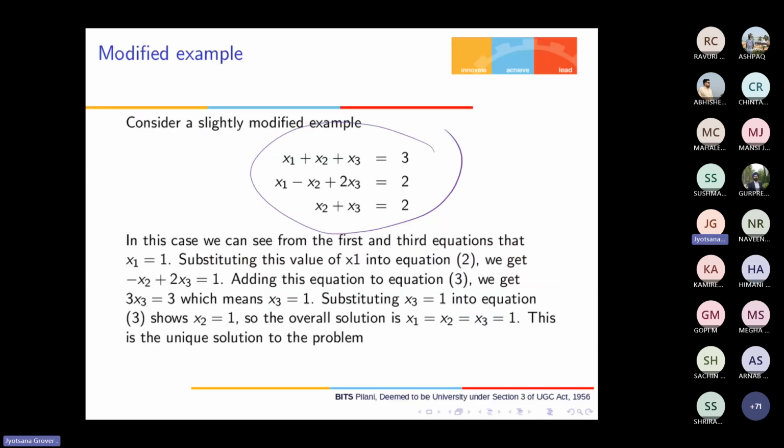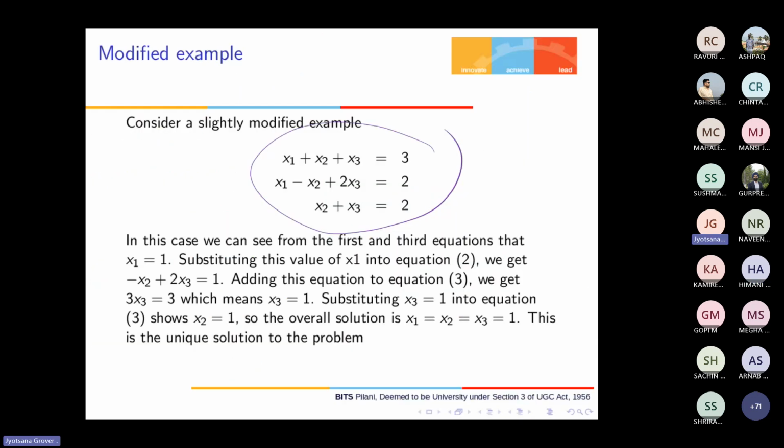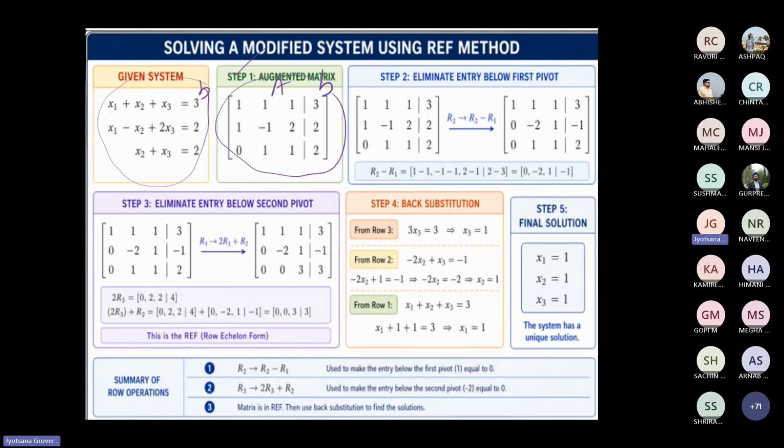That's what I'm trying to say now. We are modifying this example a little bit, and then we will arrive at the solution existing. For infinite solutions, I'll come to that. We'll go slowly.